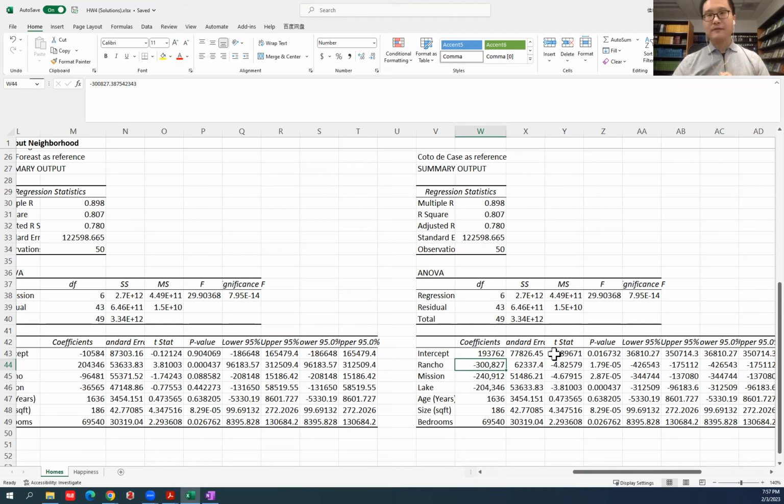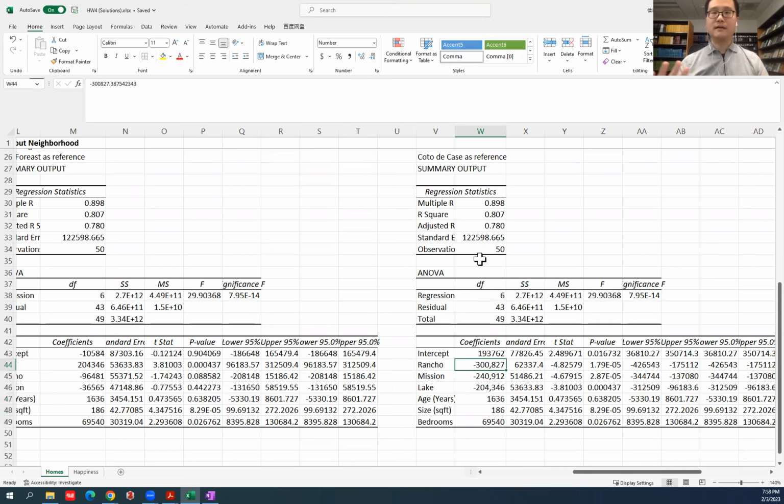That means, for example, if a house with some characteristics was worth, let's say, $500,000 in the city of Cota de Casa, a house with the same age, size, and bedroom would be worth less by $300,000.